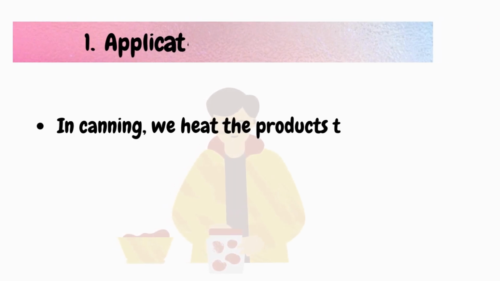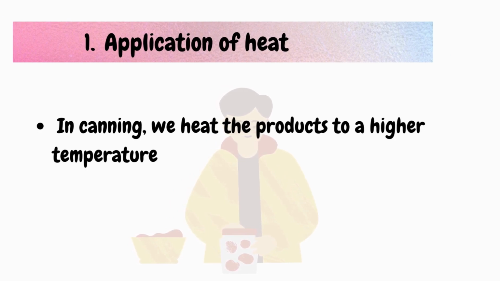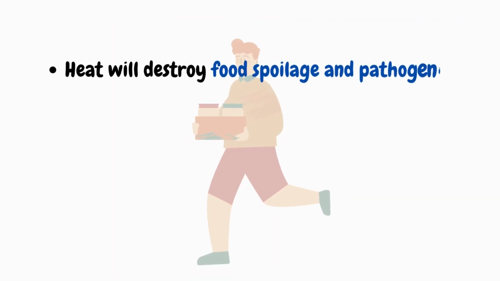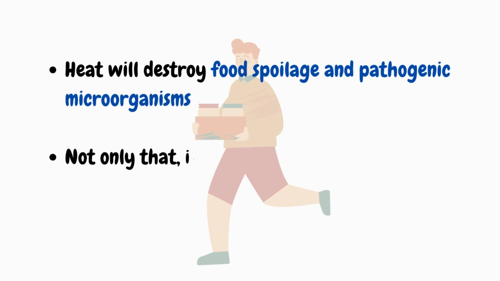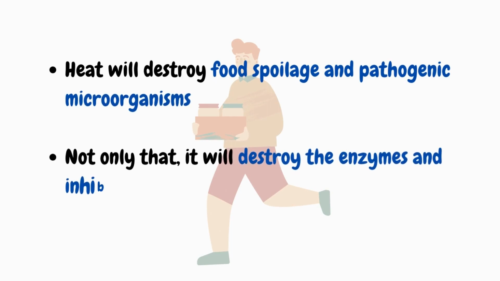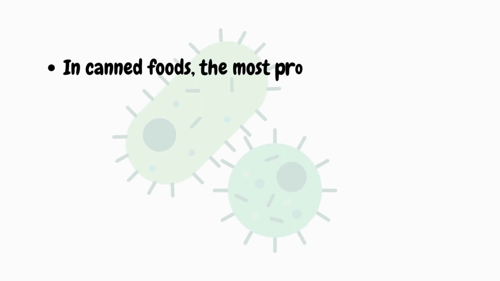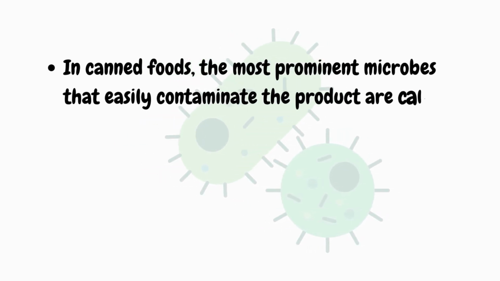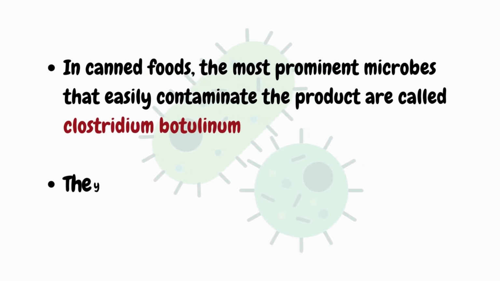You already know that in canning, we heat the products to a higher temperature. This heat will destroy the food spoilage and pathogenic microorganisms. Not only that, it will destroy the enzymes and inhibit the enzymes' activity. In the case of canned foods, the most prominent microbes that easily contaminate the product are called Clostridium botulinum.